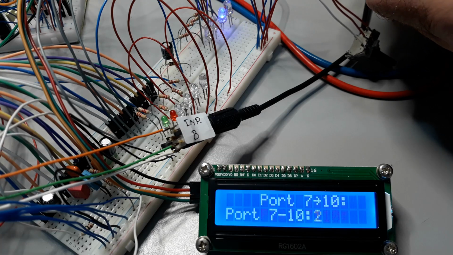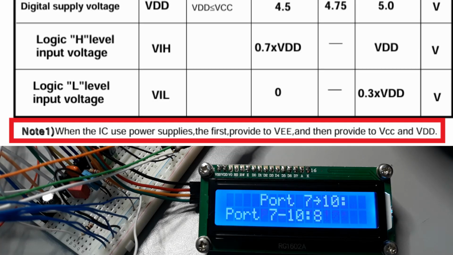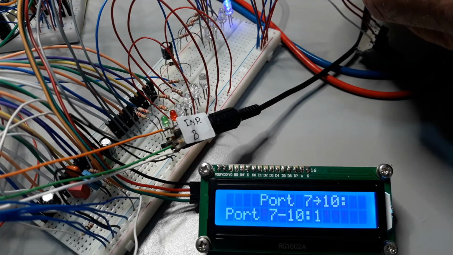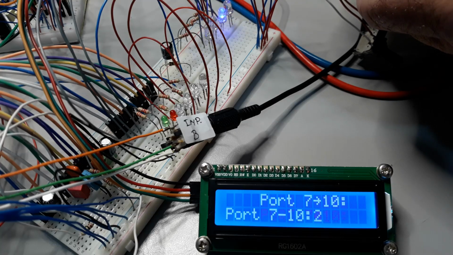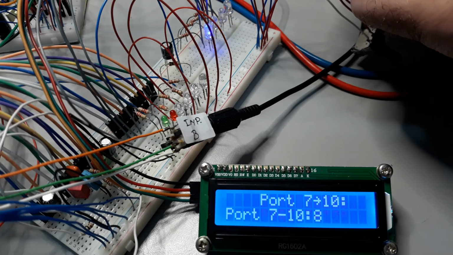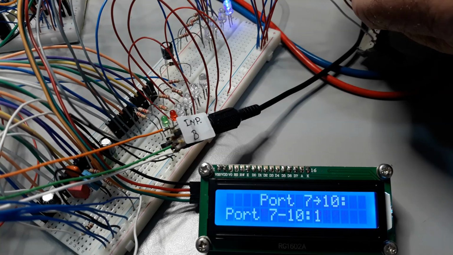The power-up sequence is extremely important in this case. The negative voltage must be applied first, and only then should the positive voltage be applied. If this order is not respected, the integrated circuit has a tendency to enter an overload condition.